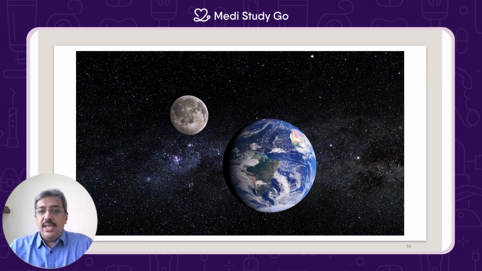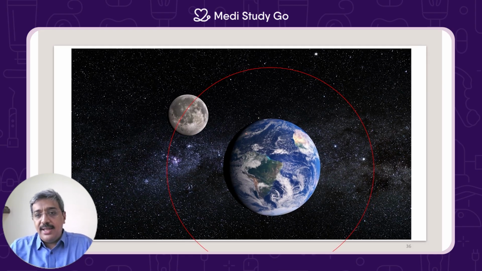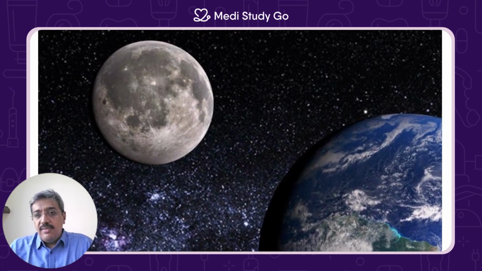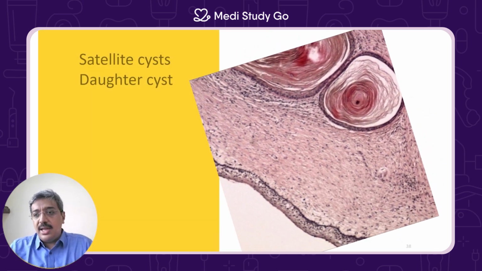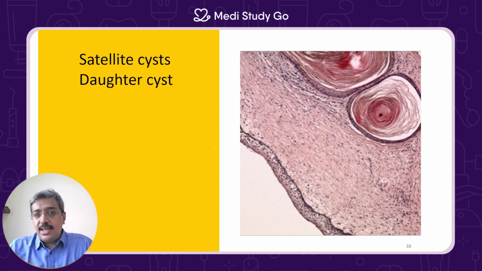And just like the moon, which is our satellite, revolves around the earth, we do find some satellite cysts. So this is the main cyst lining, and you will have this satellite cyst present in the connective tissue. These satellite cysts are also called daughter cysts, which are usually left out during surgical enucleation.